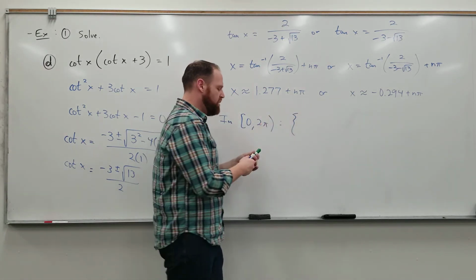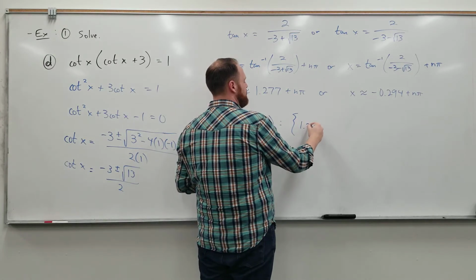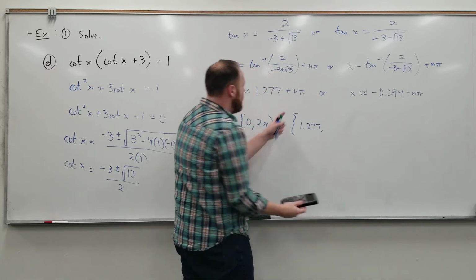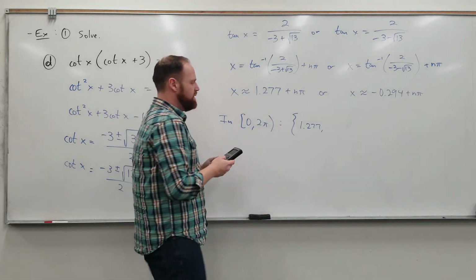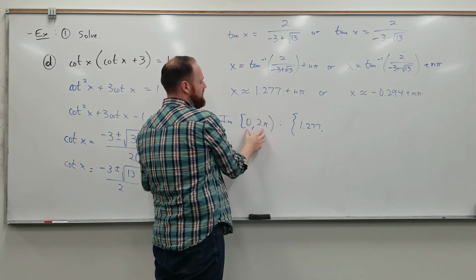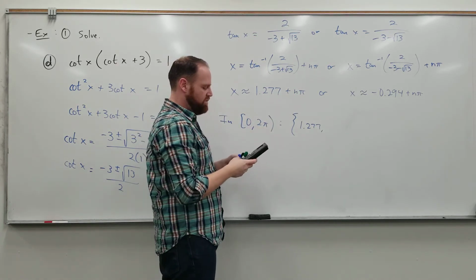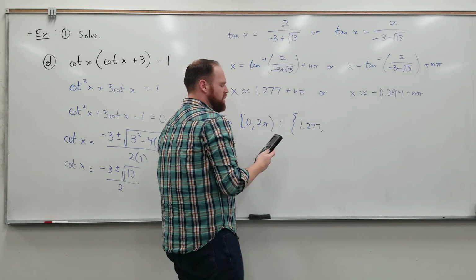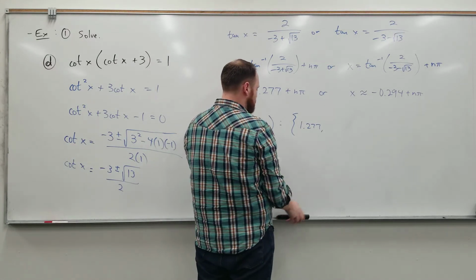If I plug in 0, though, I get 1.277. So that's in my solution set. If I plug in 1, then I'm going to be a little bit more than pi. So I'm definitely still within the interval. 1.277 plus pi is 4.419-ish.